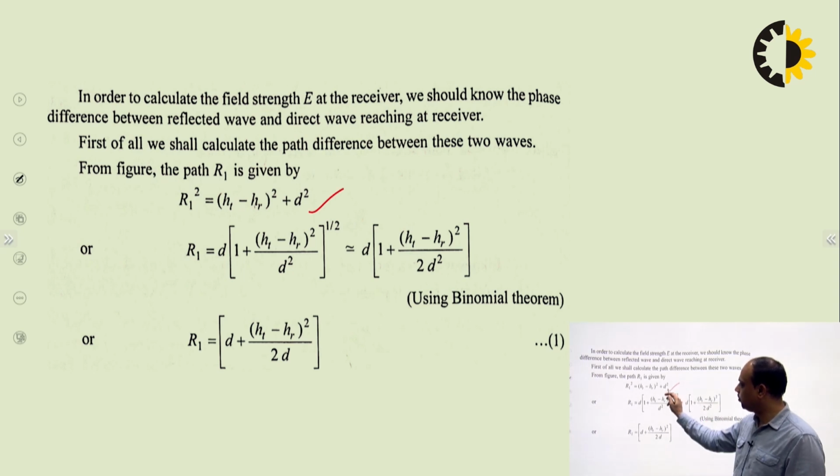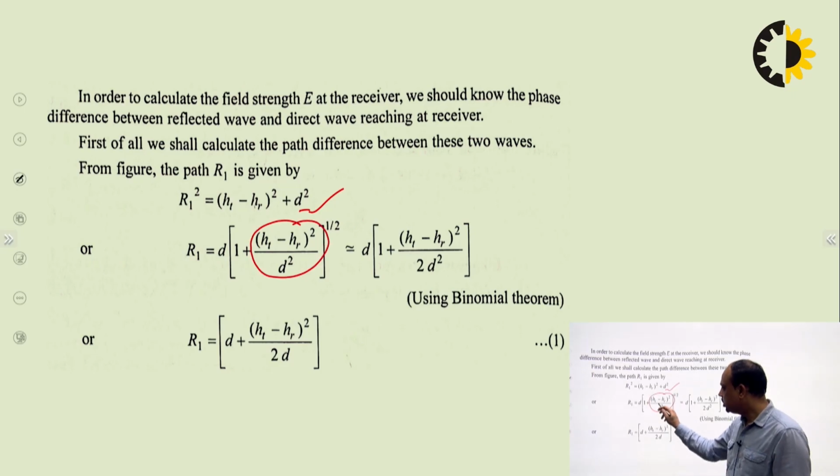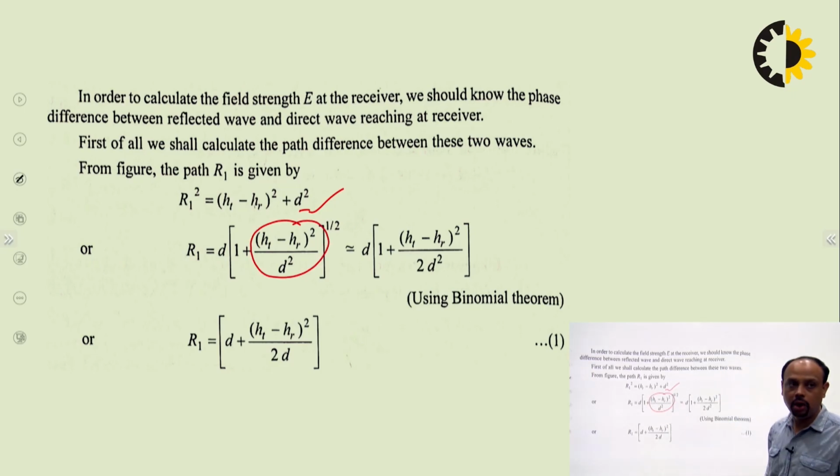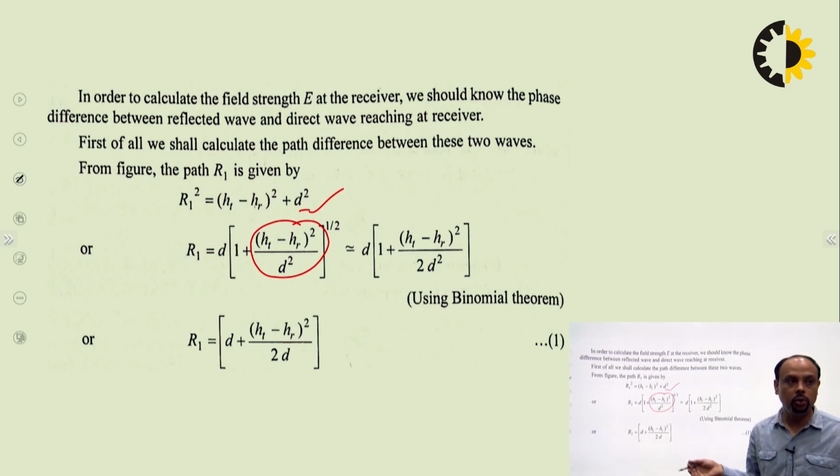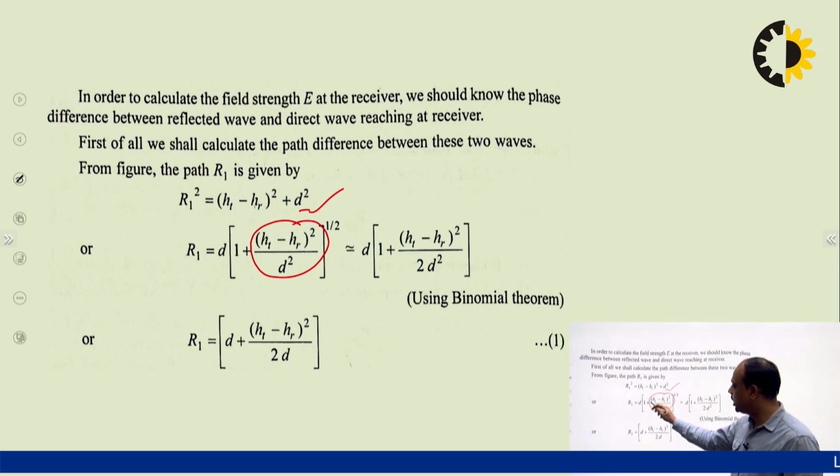Now take D as common, and we have this value. Now HT minus HR is already very small because it is the difference between the heights of the antennas, and D, the distance between the two antennas, is very large, in multiple kilometers. So the term (HT minus HR) whole square by D square is very small.